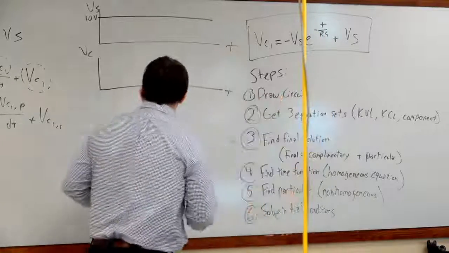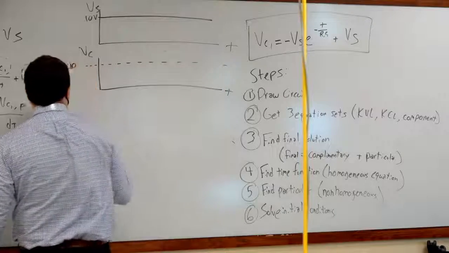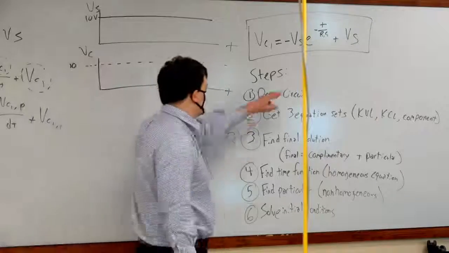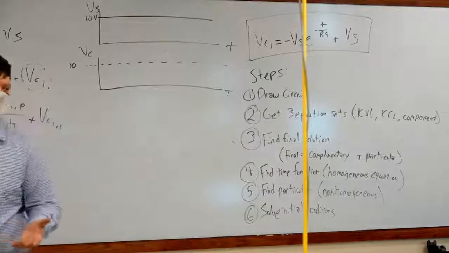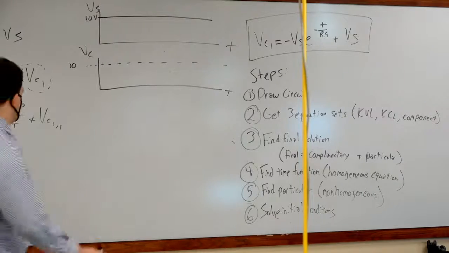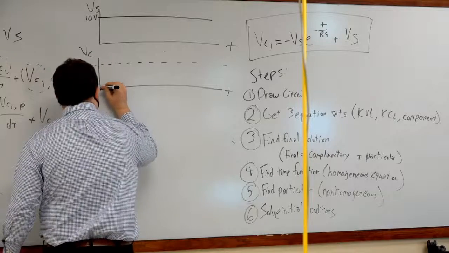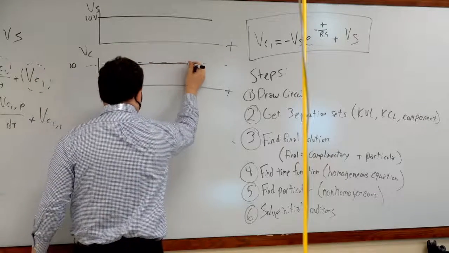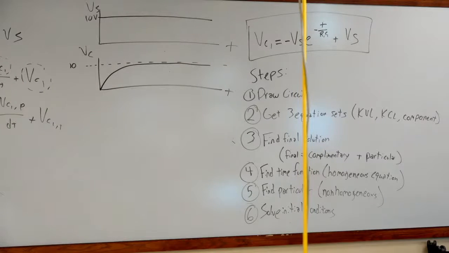So it's going to have a nominal value of 10 volts. At t equals 0, we force the VC has to equal 0 at t equals 0. So it's going to start at 0, and then it's going to exponentially move towards VS. And that's what it looks like. If you just plug that into your graphing calculator, that's exactly what you would get, is that curve.